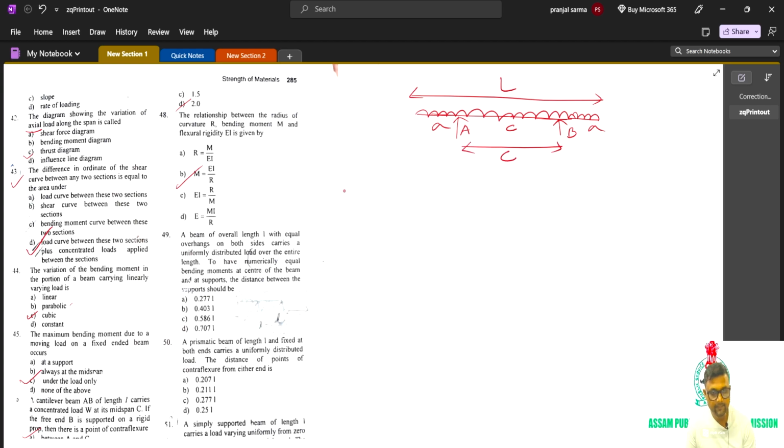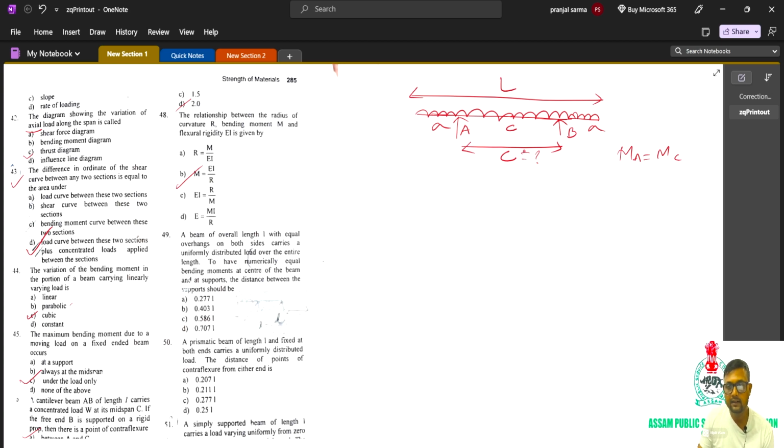So what are they asking? To have numerically equal bending moment at the center of the beam and the supports. That means MA is equal to MC. Then what should be the distance C, the distance between the supports?